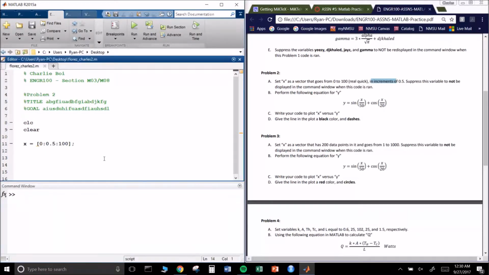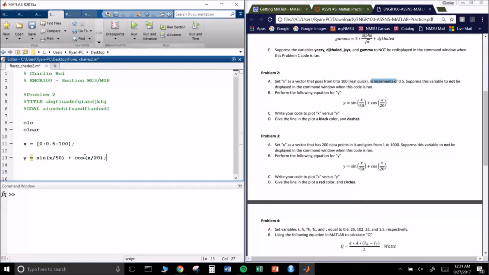And now I just want to perform the following equation. You have that y is equal to sine of x over 50 plus cosine of x over 20, and that's it.